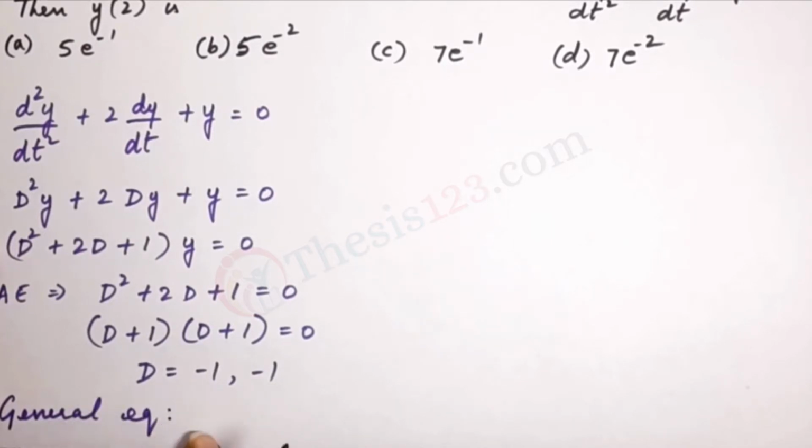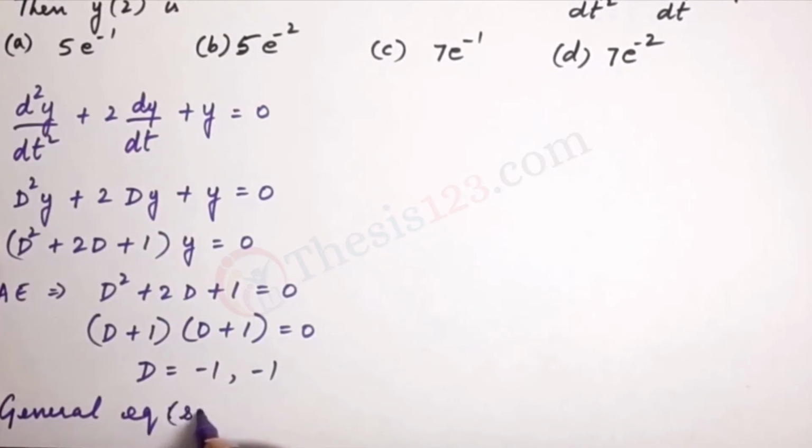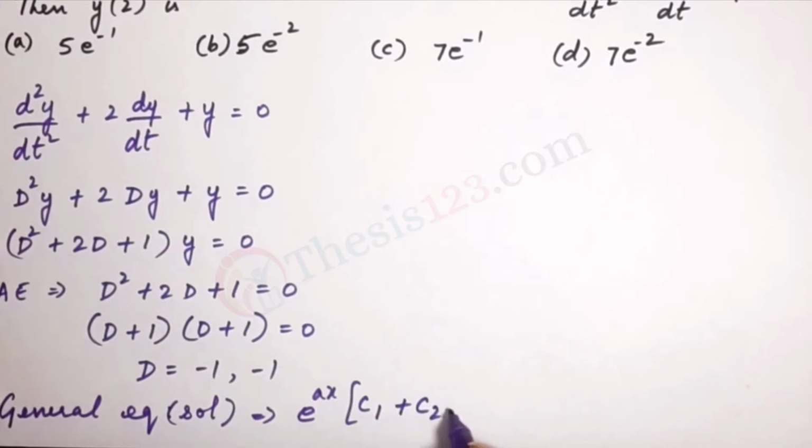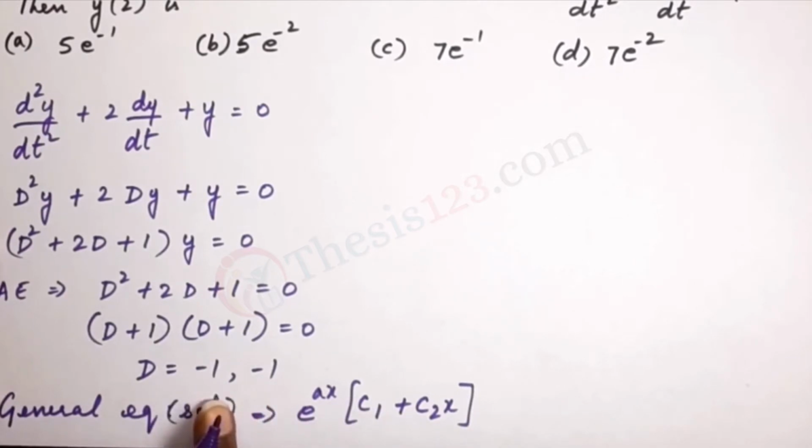Now first we are supposed to find out the particular solution. In order to find the particular solution, we first find the general solution. So that would be in the form e power ax into c1 plus c2x. Here c1 and c2 are constants. Okay, they correspond to the roots that we have over here.